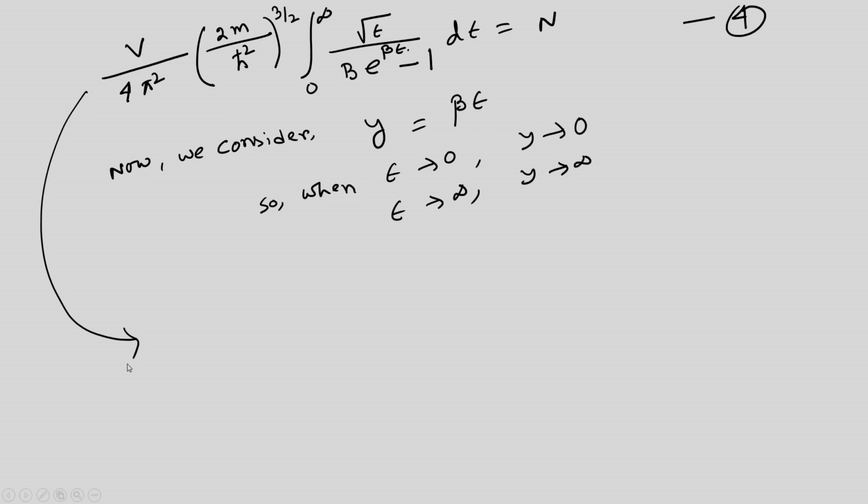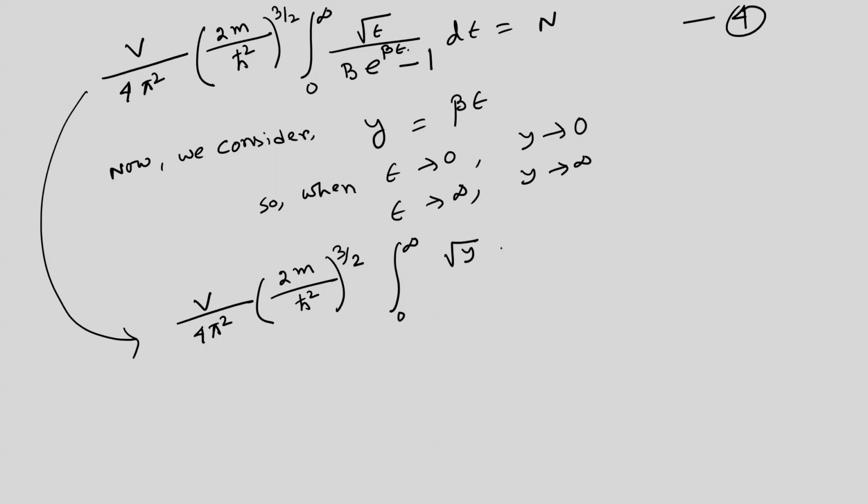So, if we substitute y equals beta epsilon in equation 4, we get V by 4 pi square times twice m by h cross square whole to the 3 by 2, and then integral 0 to infinity root over y dy by B e to the y minus 1 equals N. Suppose this is our equation number 5, and y equals beta epsilon we make equation number 6.